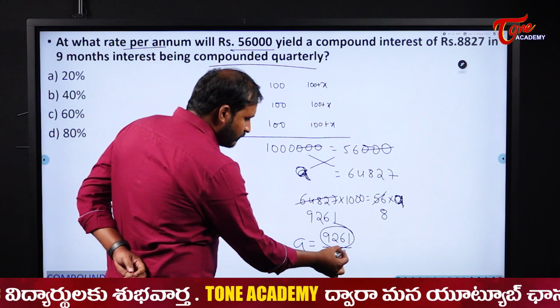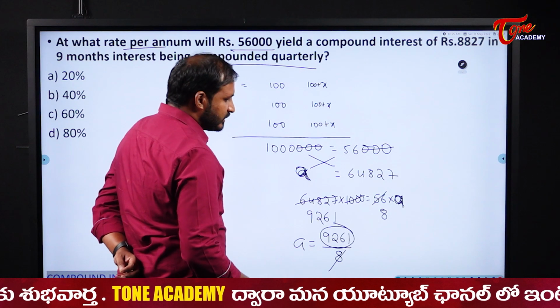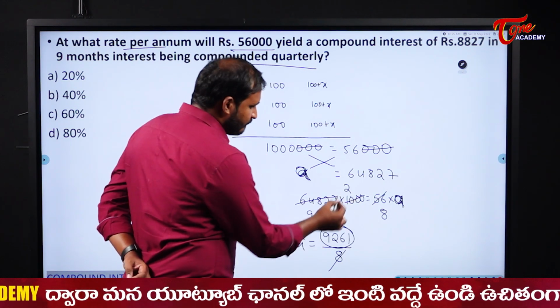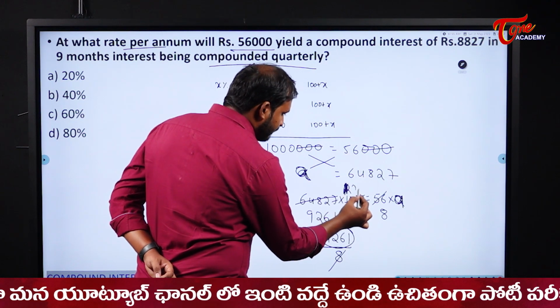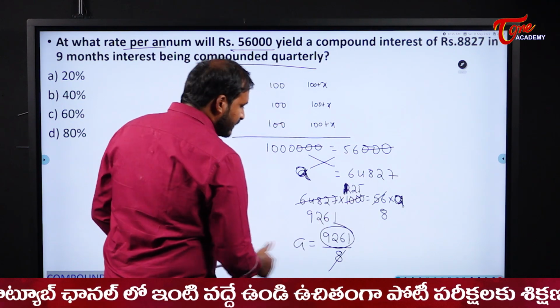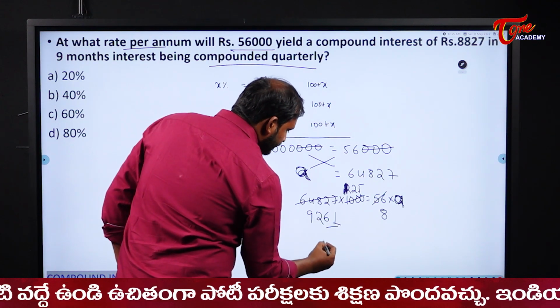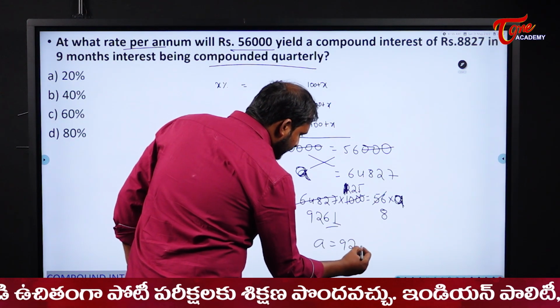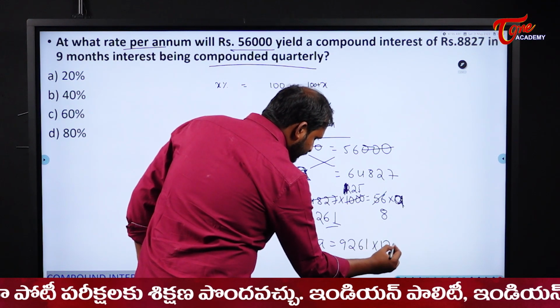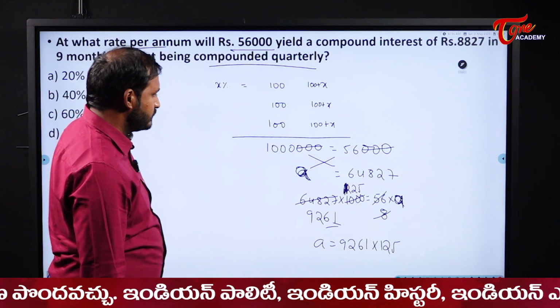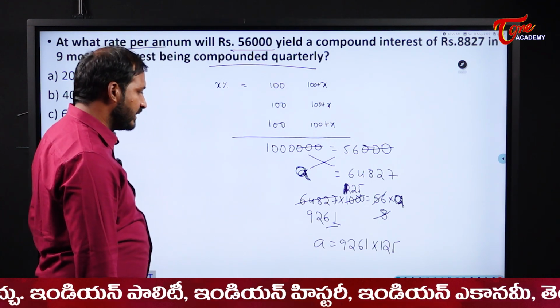Now 8 ones, 8 this, thousands means what it becomes? 125. So 9261 into 125. A value will become what for me here? 9261 into 125. Why? Because 8 ones and 8 125s. You will get that value.